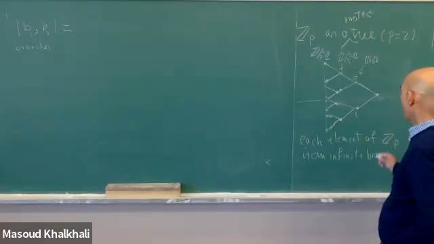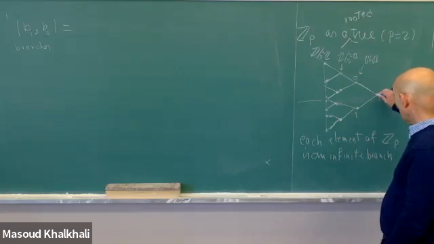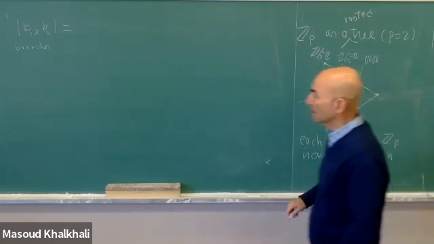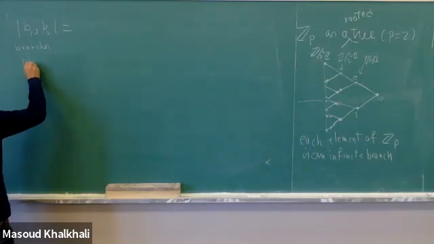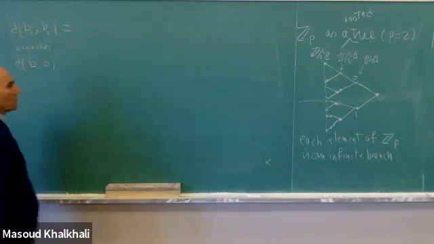Isn't the distance between two elements their distance to their previous common ancestor? Yeah, right. First of all, what is the distance between some element and zero? For example, the distance between a branch and zero.